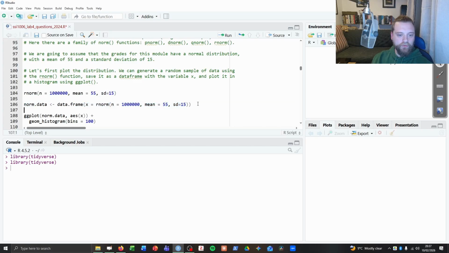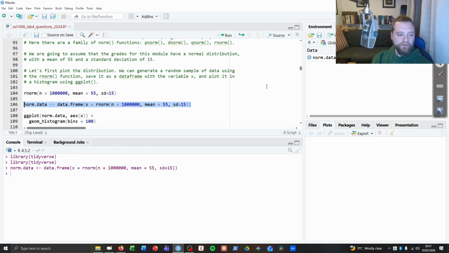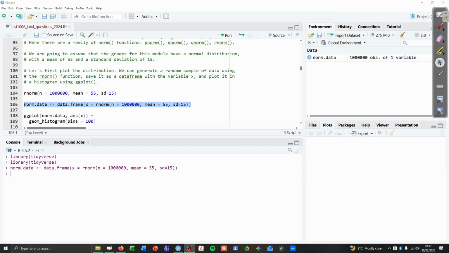And we're going to save that as norm_data. So if I run this, there we go. We can see our data has appeared over here. We can see 1 million observations of one variable.